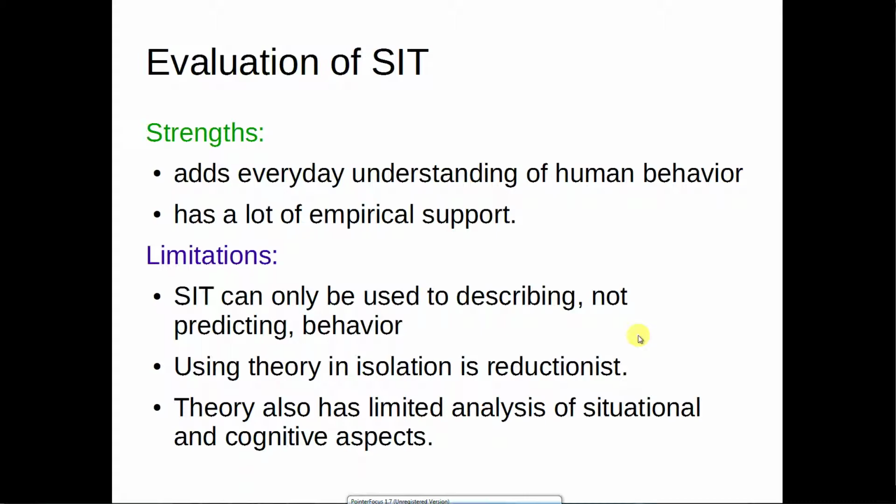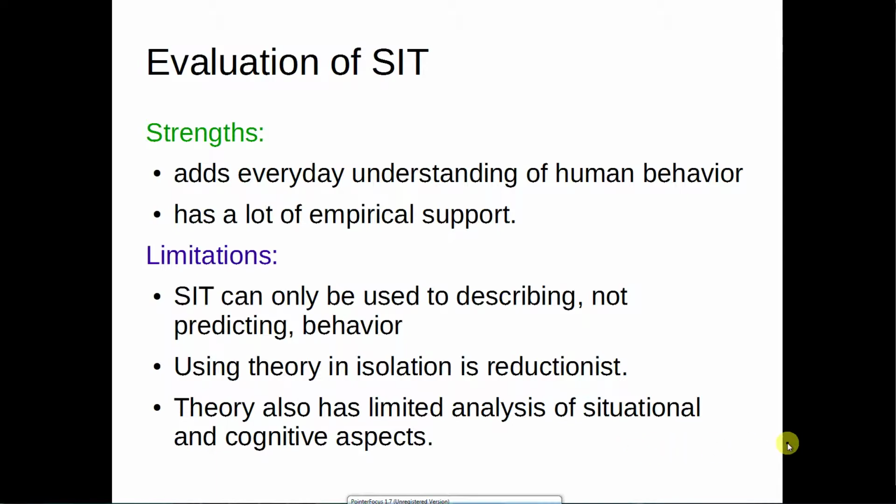Using the theory in isolation is reductionism. Reductionism means that a complex system is nothing but the sum of its parts. In this case, it means that one does not take into account the environmental factors that affect behavior. SIT also has limited analysis of situational and cognitive aspects.